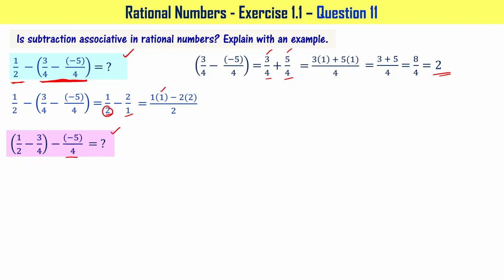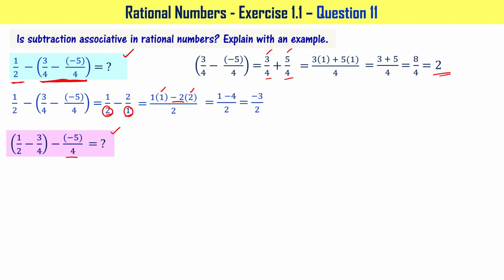That's why it is 1 times 1 minus 2 times 2 divided by 1, that is 2, right? Now 1 times 1 minus 2 times 2 can be written as 1 minus 4 divided by 2. That is minus 3 by 2, right?